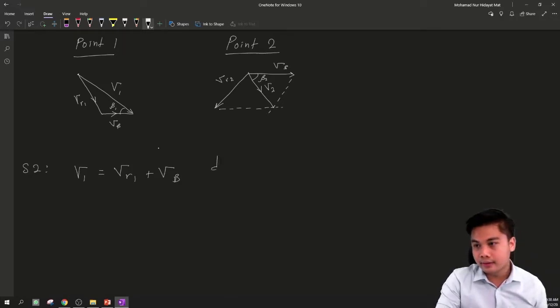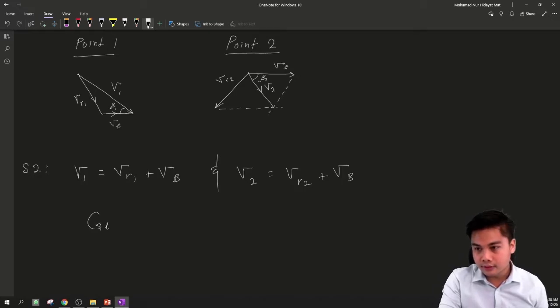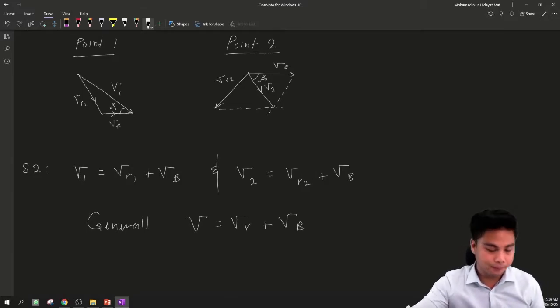And to get V2, it is VB plus VR2, or VR2 plus VB. In general, we can say that V is equal to V relative plus VB.